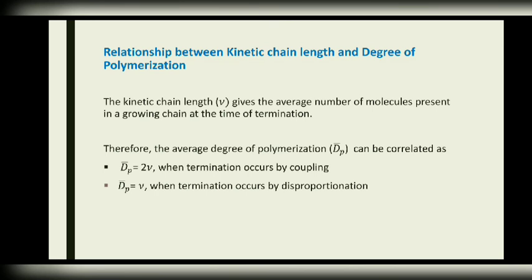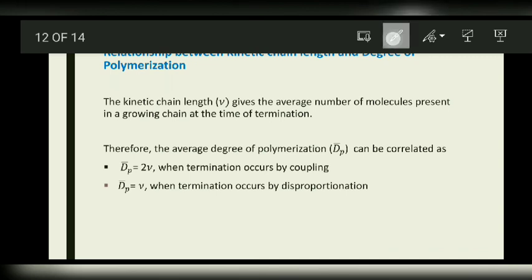Now let us know the relationship between kinetic chain length and degree of polymerization. What is this degree of polymerization? You know that it is the number of monomer units present in a given polymer chain, right? The kinetic chain length gives the number of monomer molecules present in a growing chain at the time of termination.